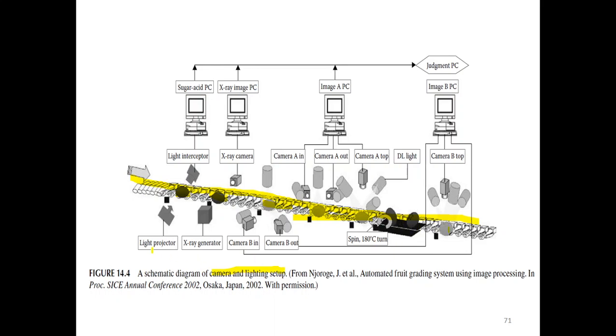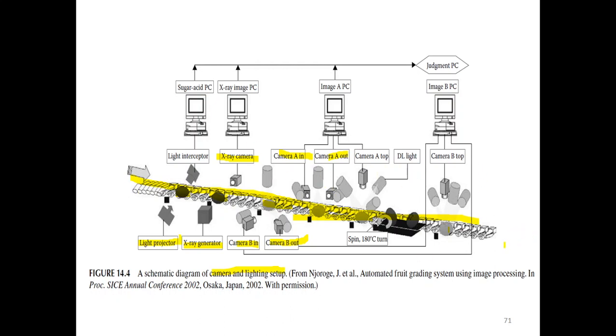And here is the light projector. This one is an X-ray generator, and there is a camera here, another camera here, and an X-ray camera here. So you can find many cameras along this conveyor.